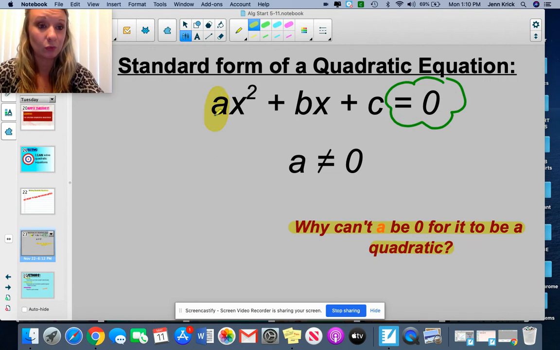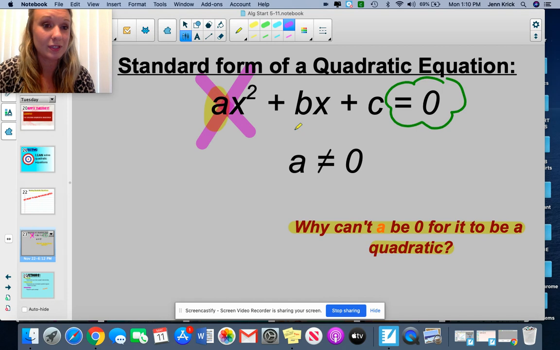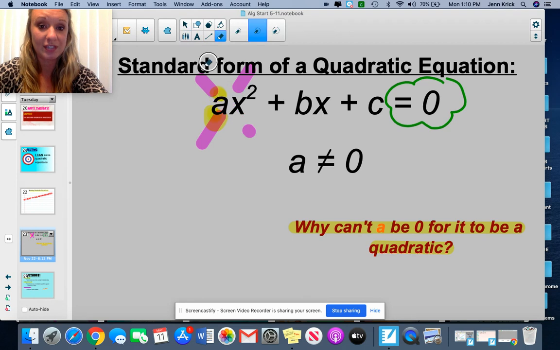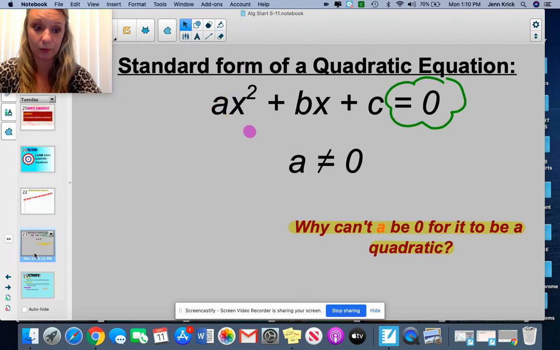And if you're wondering why, well, if I made this 0, then whatever x turns out to be, whether it's 3, 4, 5, when you multiply those together, it'll stay as 0. And then this term would essentially go away. If you just have bx plus c equals 0, that's just a regular equation. That's like the 2x plus 5 equals 10, and it's no longer a quadratic equation. So for this to stay a quadratic, a cannot be 0. Okay, so that's just standard form there.